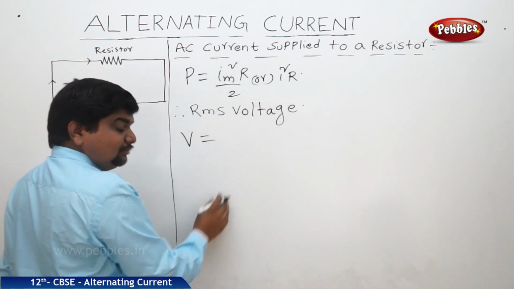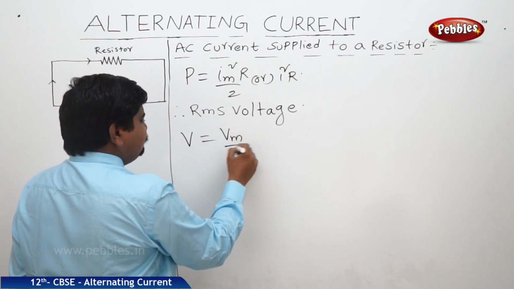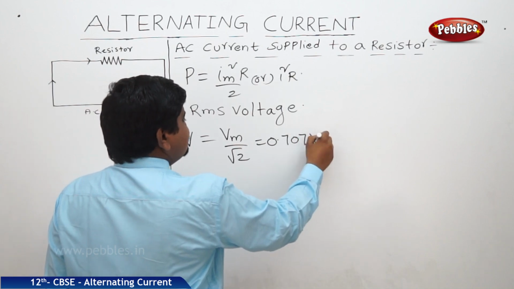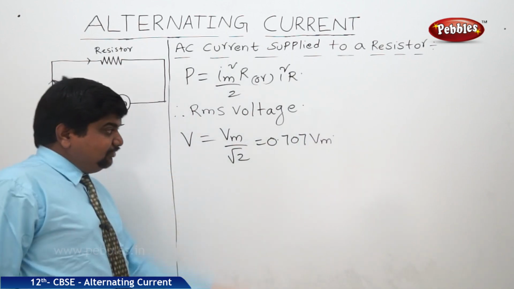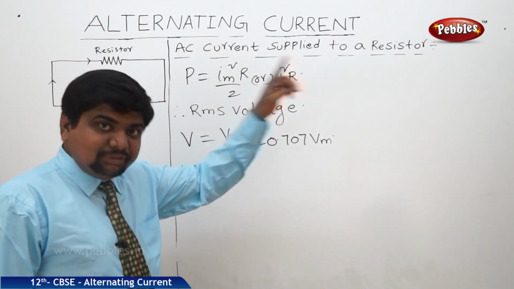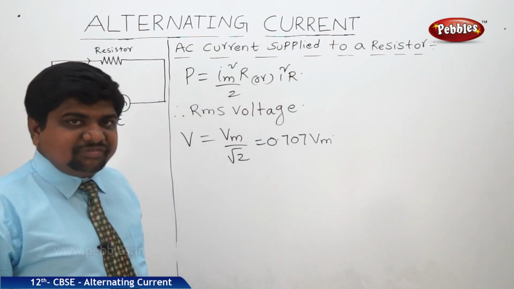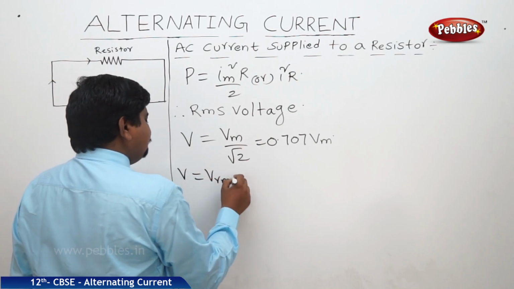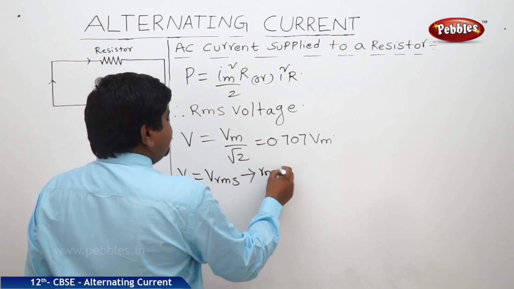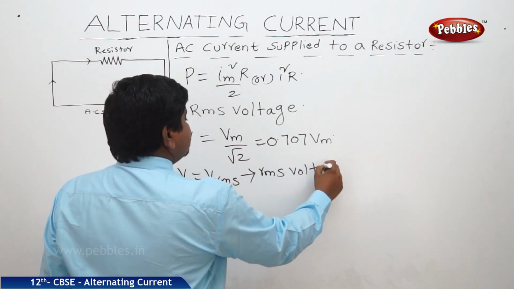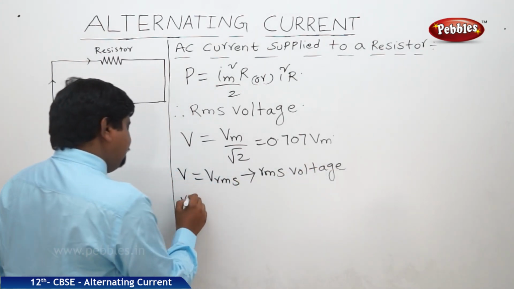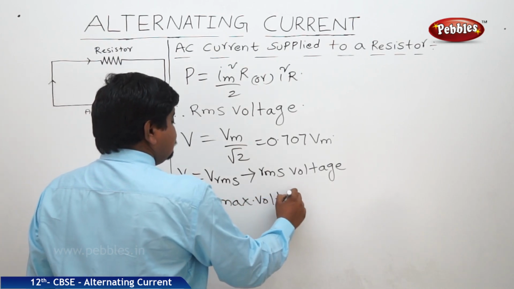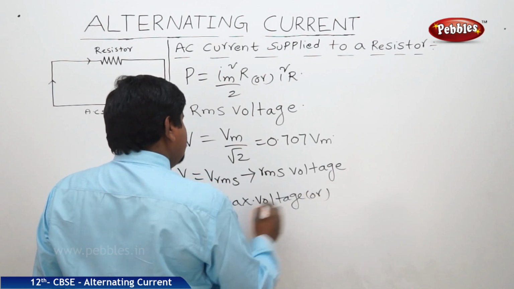RMS voltage V is nothing but Vm by root 2, that is 0.707 Vm, where Vm is the maximum voltage or voltage amplitude, and V is equal to V RMS.